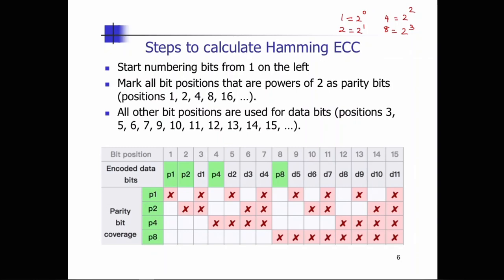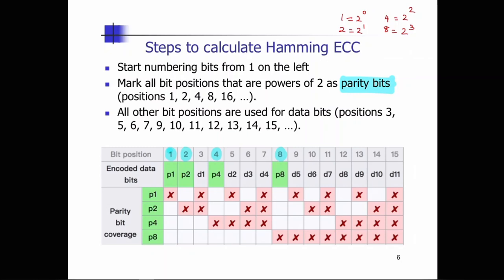All the positions which are powers of 2 have been used for parity. So where are the parity bits? The parity bits are at 1, 2, 4, and 8, written as P1, P2, P4, and P8. So those are parity or redundant bits.